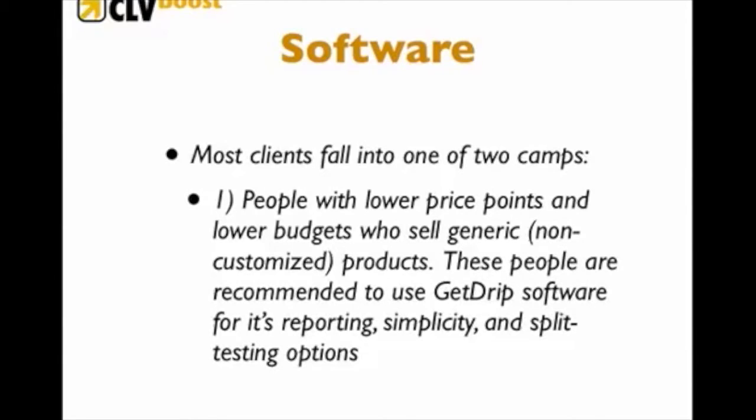So the qualities that will imply that I'll usually go with the simpler option, and when I say simpler option, I mean GetDrip. There are simpler email tools such as MailChimp or Aweber, but those are in general just bad if you care about making money with email, so we don't use them. And if you're talking to somebody and they're using either Aweber or, GetResponse is a little bit better, but Aweber or MailChimp or even Constant Contact, in general it means that they're unaware of how to make money with email.